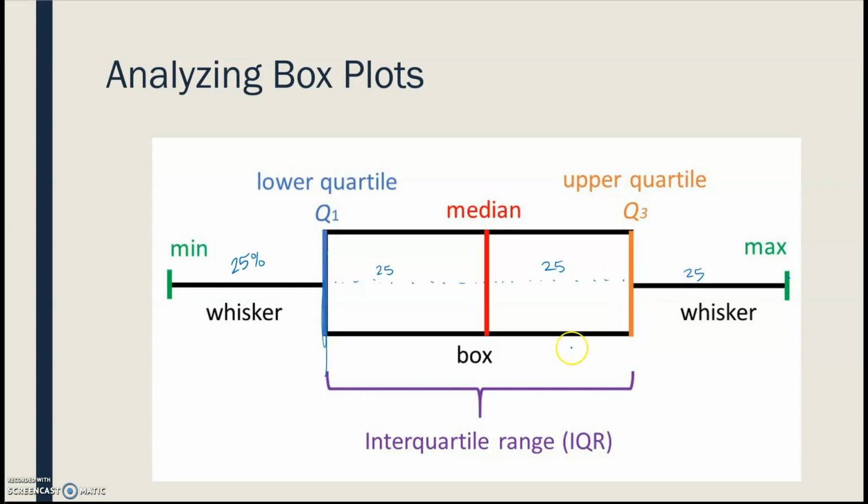So the box is 25 plus 25%, so that's 50%, okay? And the box is your interquartile range. So if you need to find your interquartile range, you'll subtract the right side minus the left side.